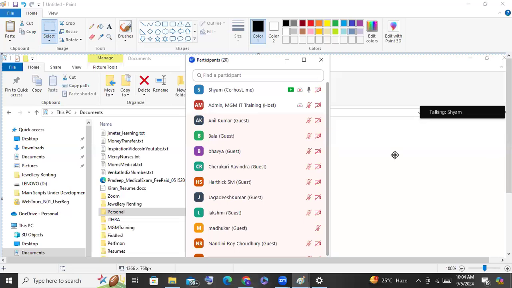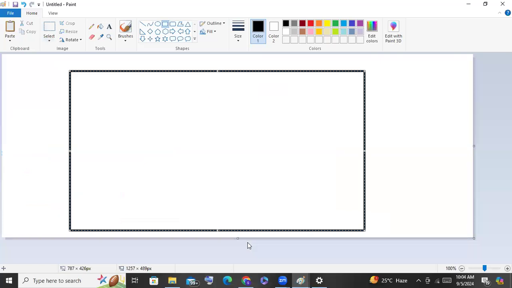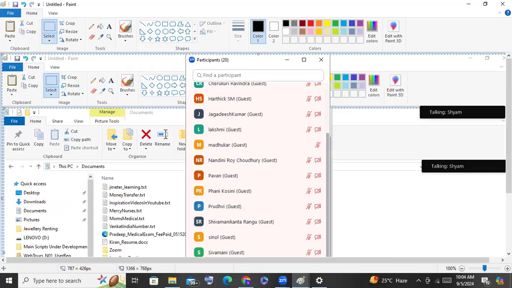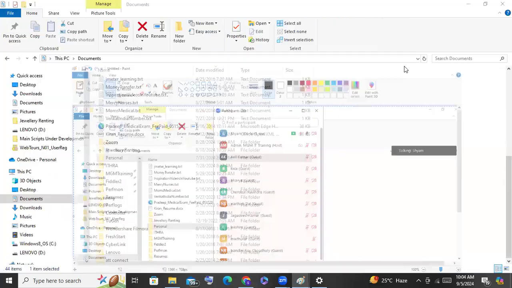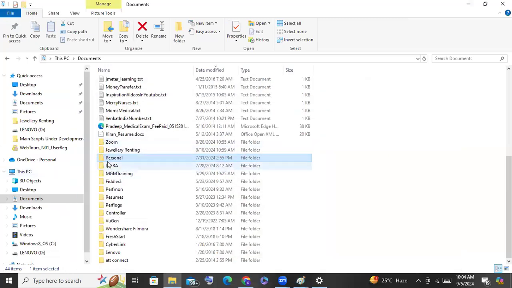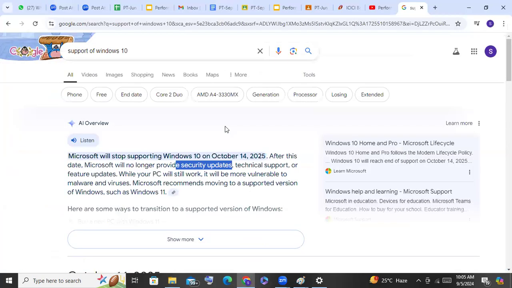What would happen when they put banking information in the personal folders? Lose the money. If somebody gets access to that folder, you would lose all the money that is there in your bank, isn't it?